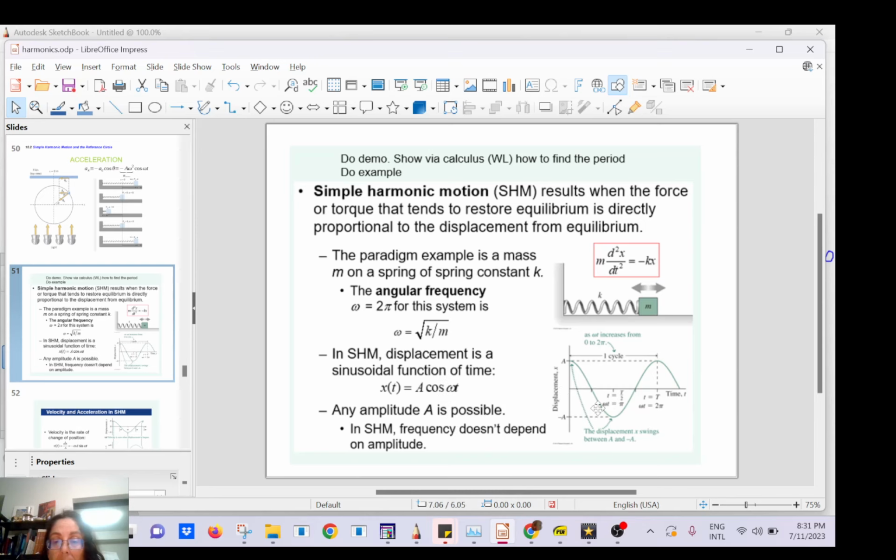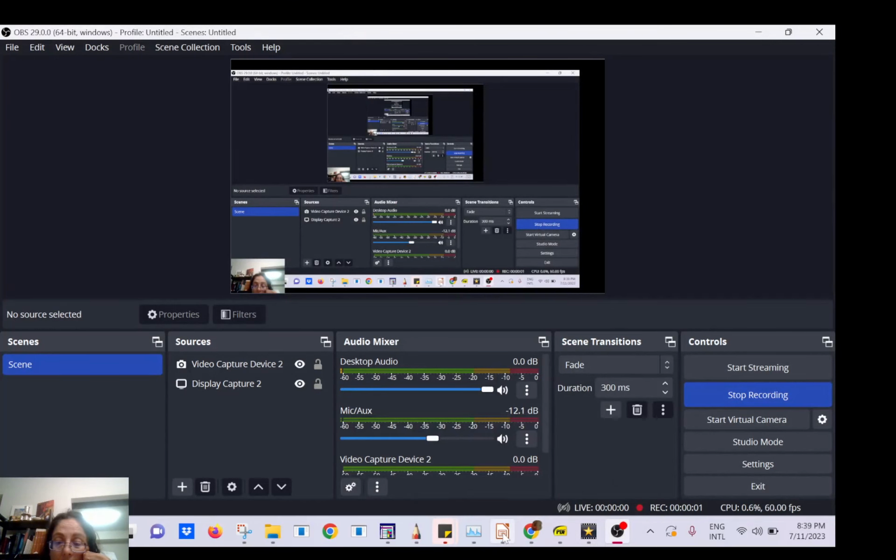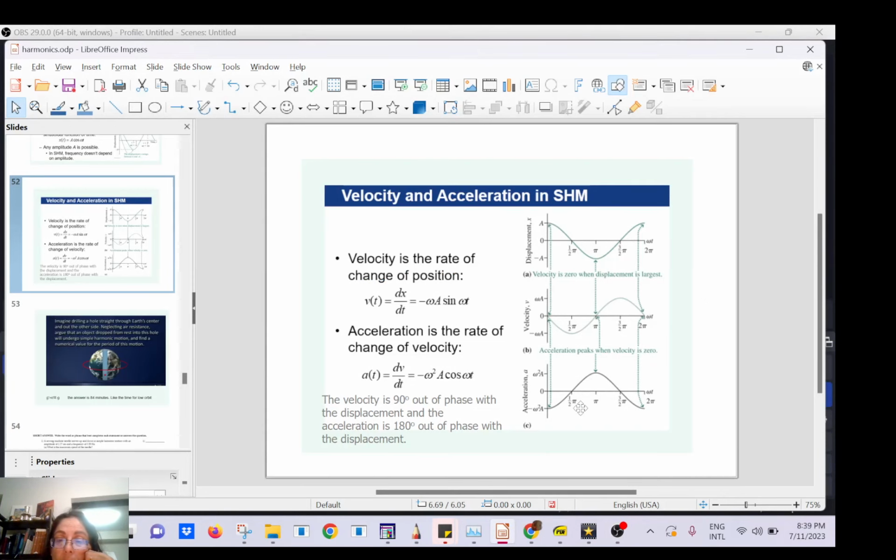Okay? And you have the solution, which is a cosine or a sine. So this is the displacement here. Let's say it's a cosine. So here you have the graph of the displacement. And if you take the derivative of that, you're going to get the velocity.